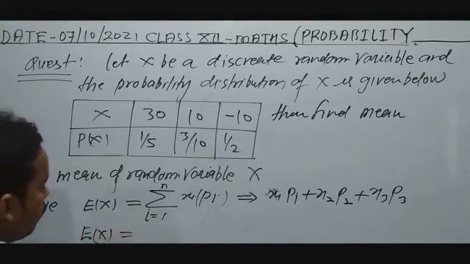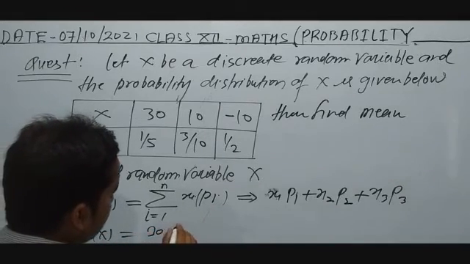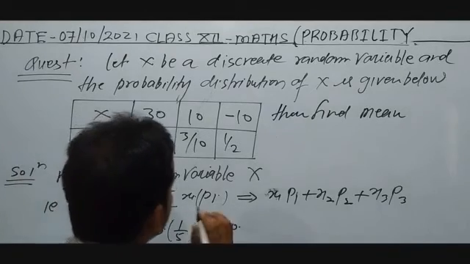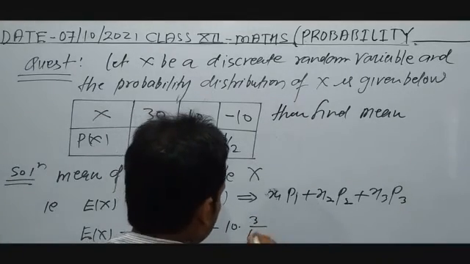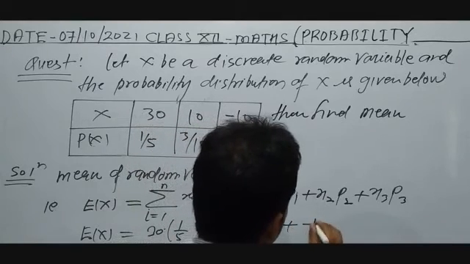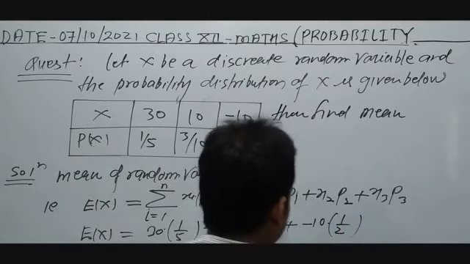So E of X will be 30 into 1 by 5, plus 10 into 3 by 10, plus minus 10 into 1 by 2.